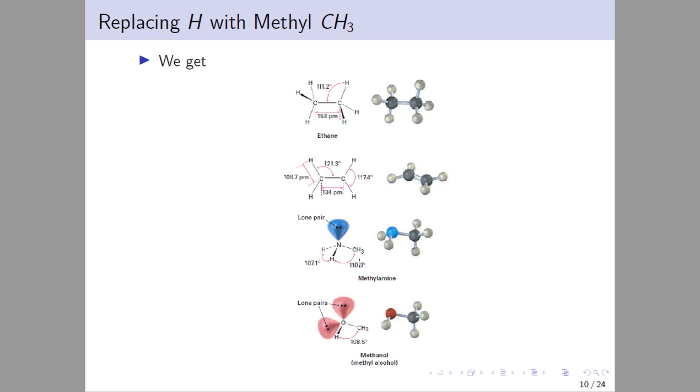Before this, the nitrogen angle was 107 to 109, but here it becomes 110.3 degrees. And for methanol, CH3, we have 108.5 degrees between H and CH3. So these are the directions of the molecule.